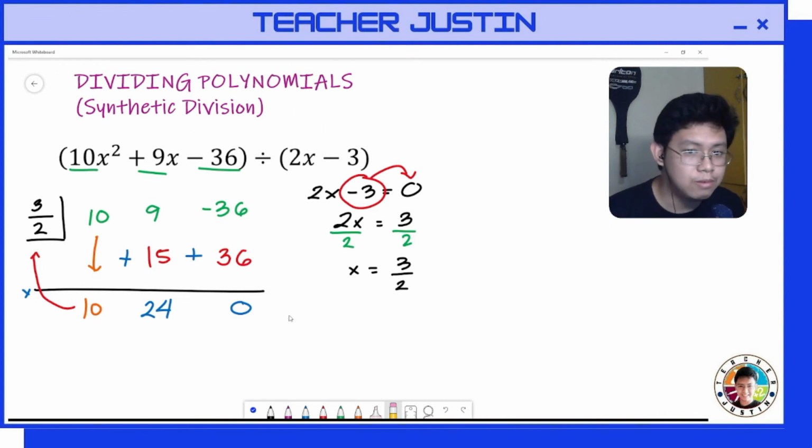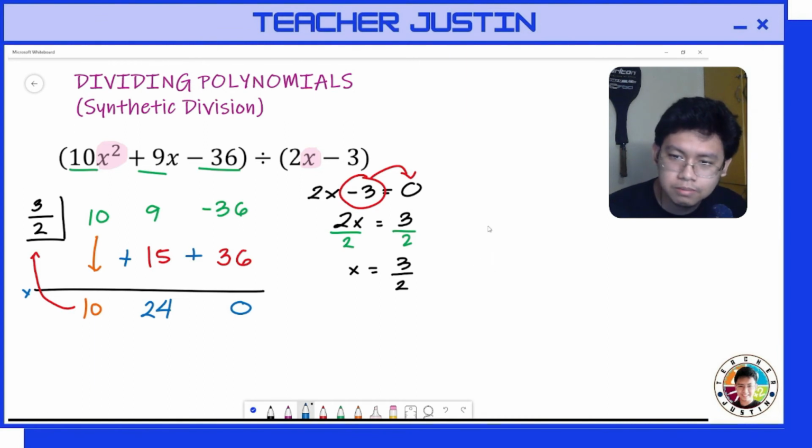Now, after we apply our synthetic division, it is time for us to know what will be our leading term. So for our leading term, we will focus our attention on the leading terms of our polynomials. And in this case, we have x squared and x. So let's divide them.